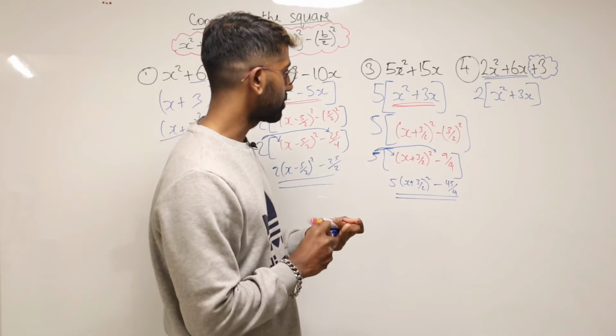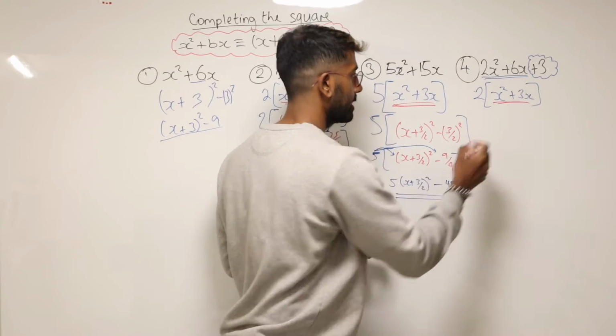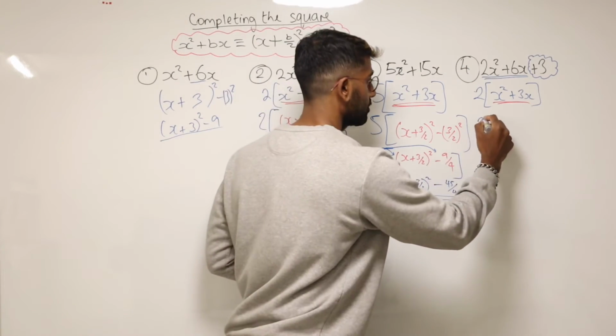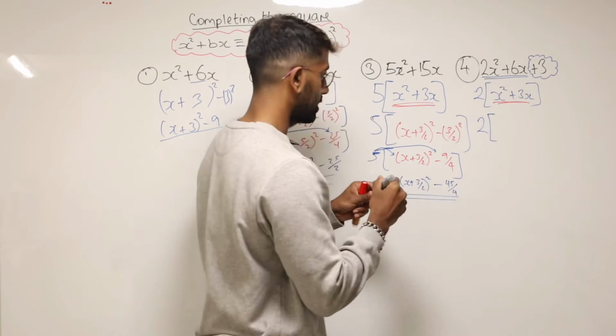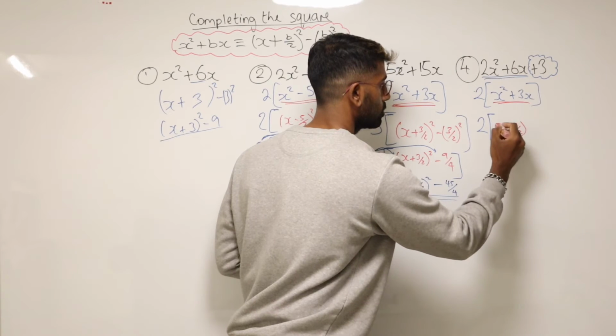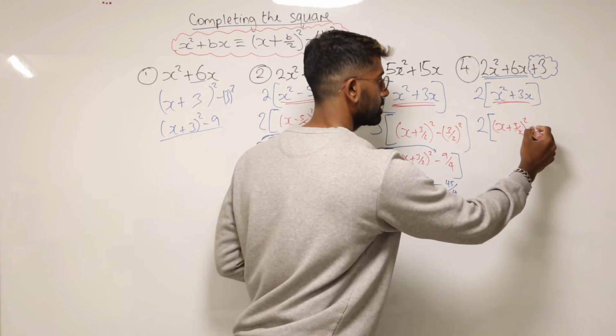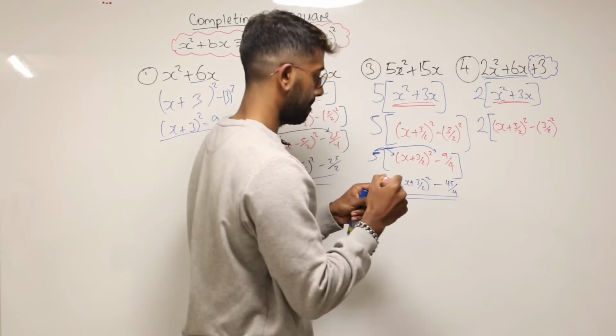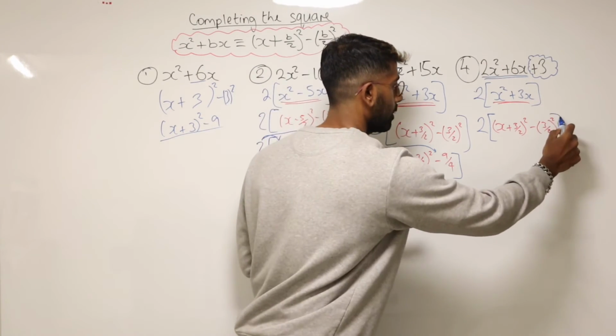And now we can go and complete the square inside there. And it should just be exactly the same as this. So we'll have 2, and then we have x plus 3 over 2 in brackets all squared, take away 3 over 2 squared. Close that off in blue.